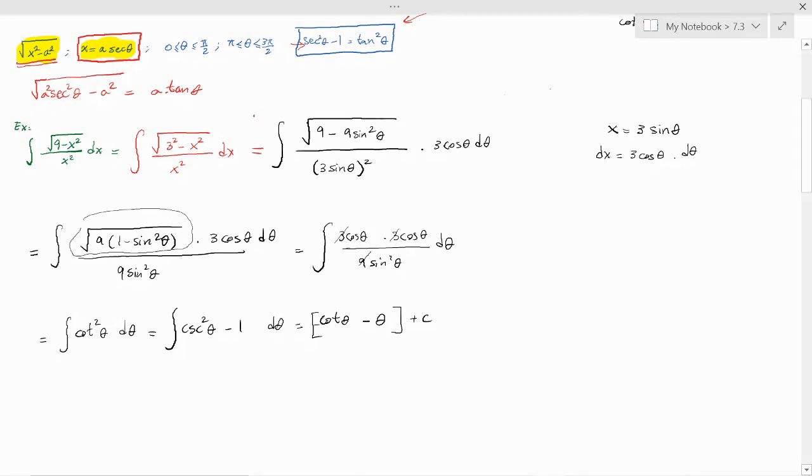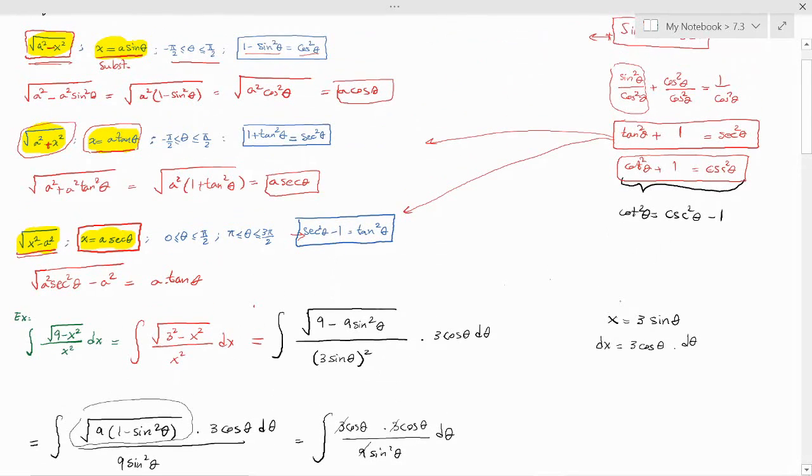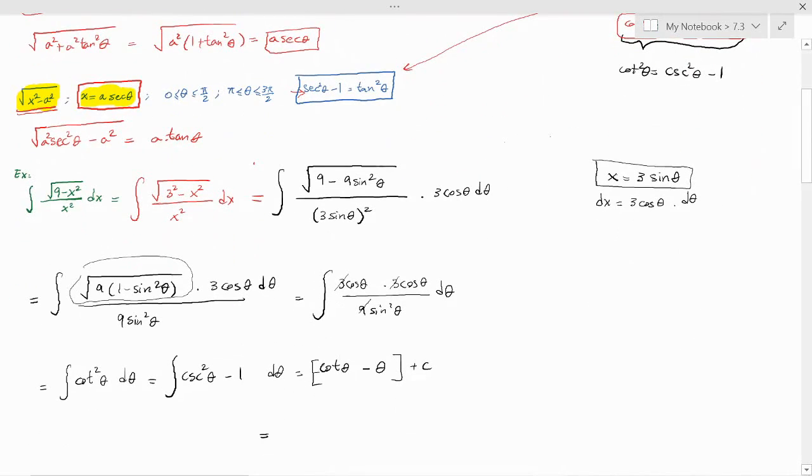Here is the only issue. We need to go back and replace these with the original value of theta. So what we have is, here we chose x to be 3 sine theta. So what is theta? Because we need to replace theta back. Let me write it step by step. Sine theta would be x divided by 3.